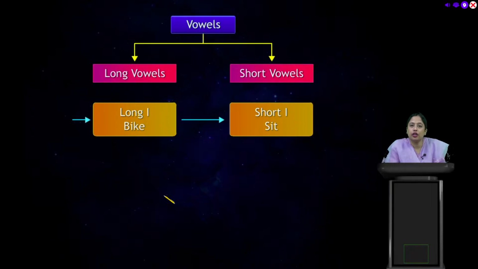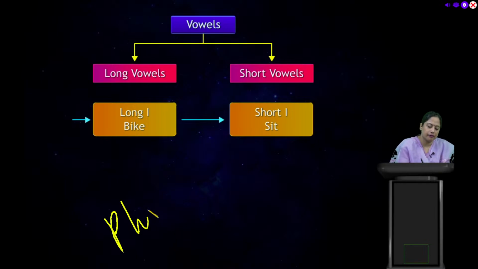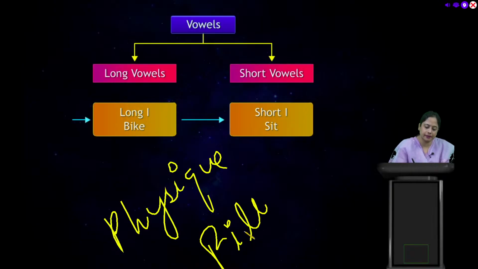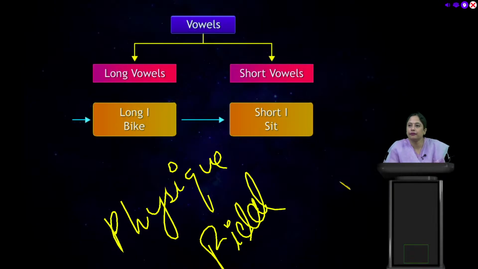Okay. The longer vowel, as in long I, bike, as in physique, as in field. These are the long I sounds.